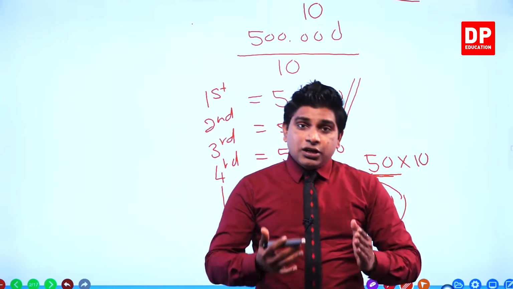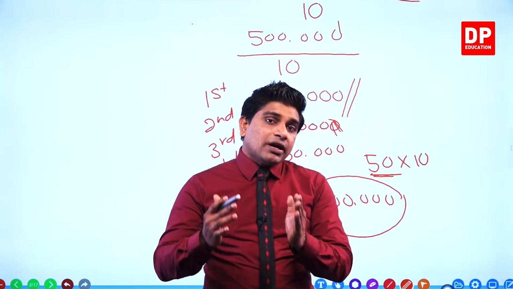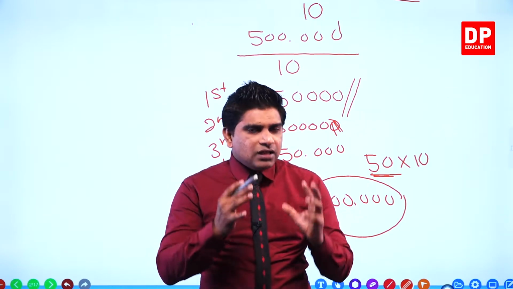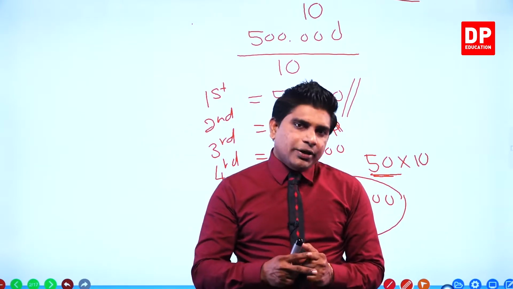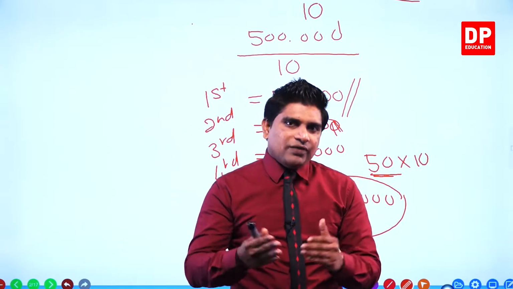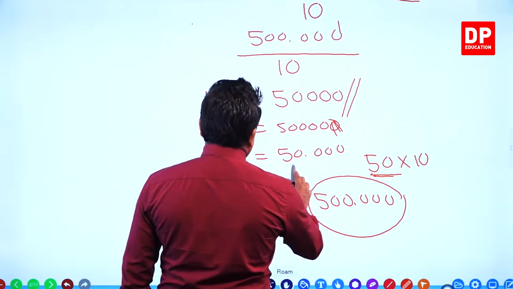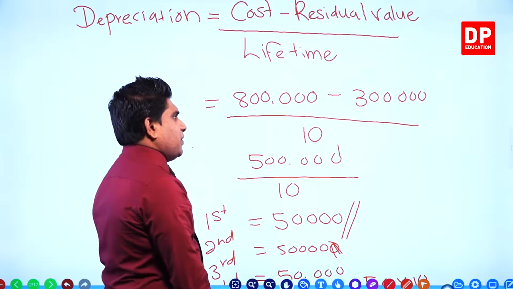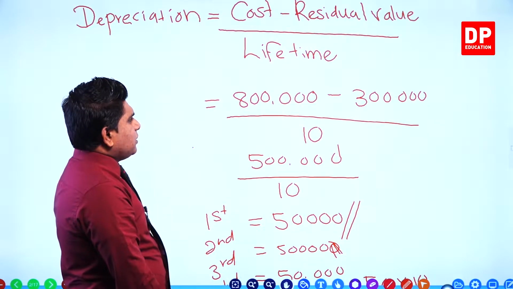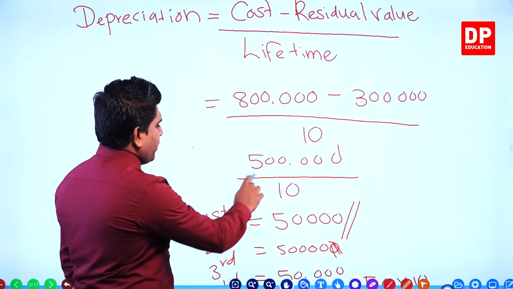Again remember, depreciable value is cost minus residual value, the amount we use to calculate depreciation, then divided by lifetime. So here 800,000 was given as cost and 300,000 as residual value, so the depreciable value becomes 500,000, divided by lifetime.